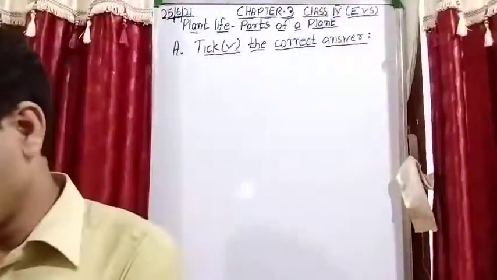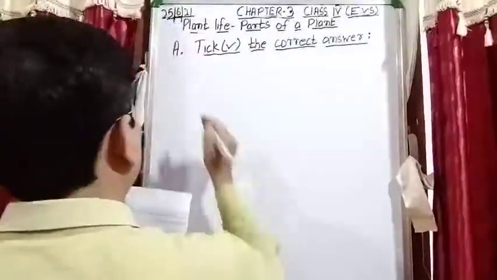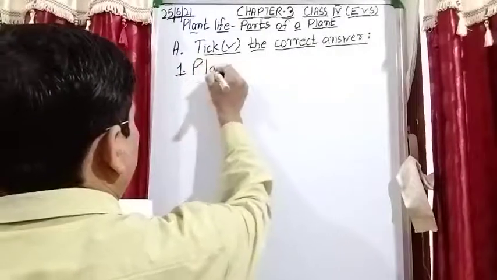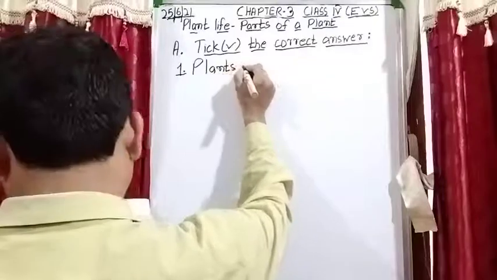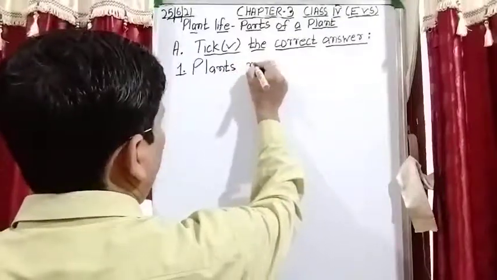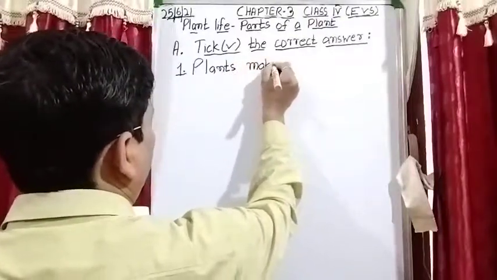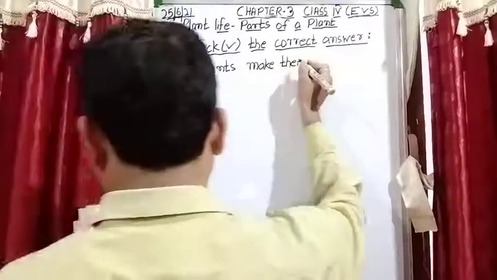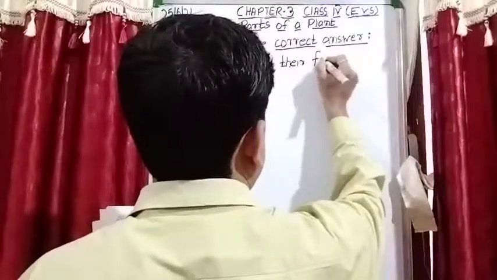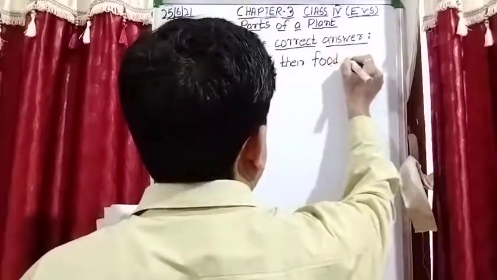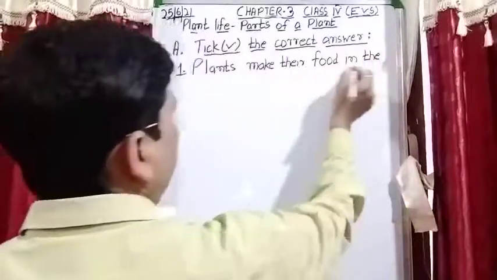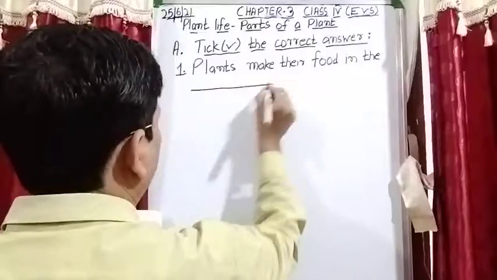So let's start with the first question. Plants make their food in the dash.